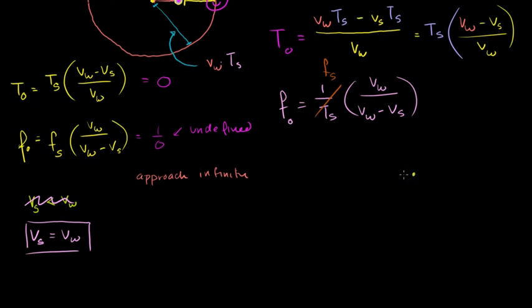If I go one period ago, maybe I was right there, and the crest that I had released at that time has traveled this far, just like that. If you go a period before that, I would have been over there, and the crest that I released then would have traveled that far. We saw this in the last two videos. And if you go the period before that, I would have been there, and the crest that I would have released would have been that far.